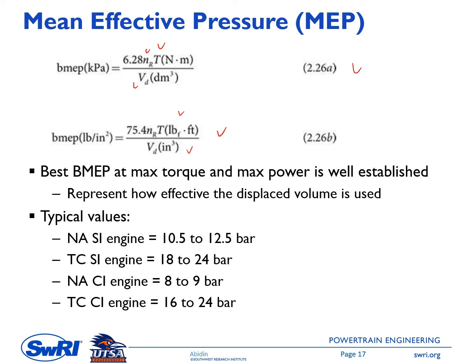Usually the BMEP at max torque and max power is established. If you just Google the GM Ecotec or any engine from Ford or Toyota or any company, usually they include this spec: what is the BMEP at max torque, what the max torque itself is, and what the max power is. This BMEP represents how effectively the displaced volume is used.